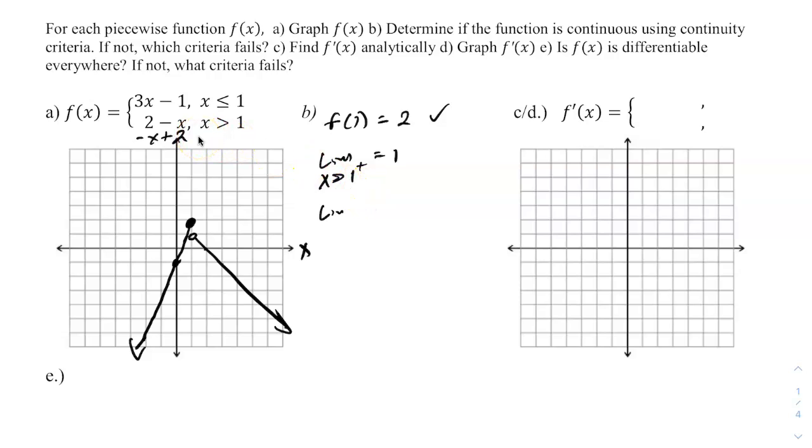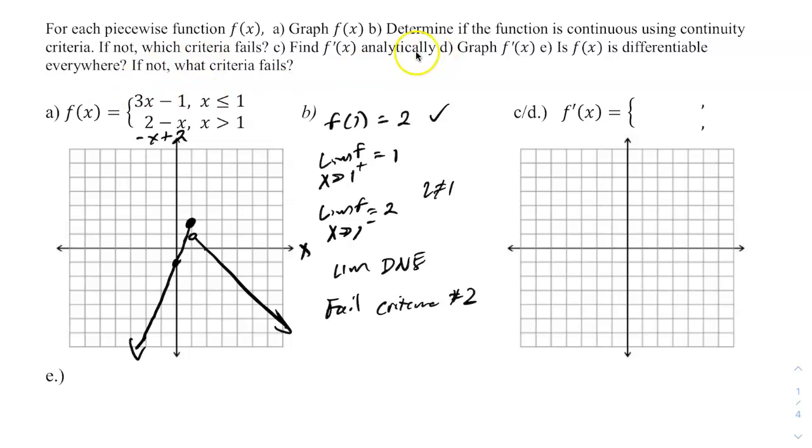The limit as x approaches 1 from the left: you plug 1 into 3x minus 1, 3 minus 1 is 2. So the limits are not equal, the limit does not exist. It fails criteria 2.